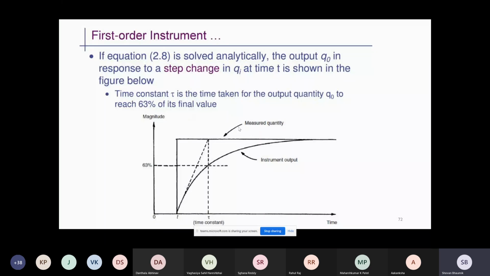Here you see the output reaches 63% at time tau, and tau is known as the time constant. If you have a first order instrument, you need to consider its dynamics and choose accordingly. Whatever you choose, you need to know the k and tau values, and then you feed that H(s) to your control loop to get the overall transfer function.